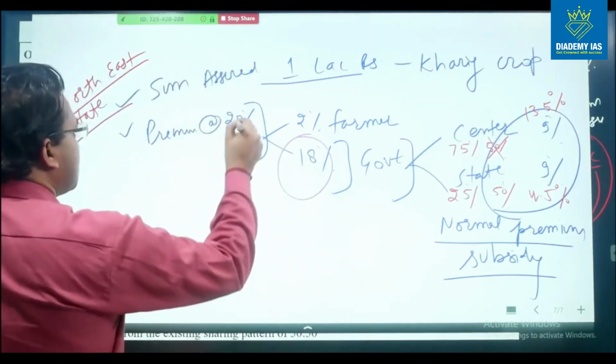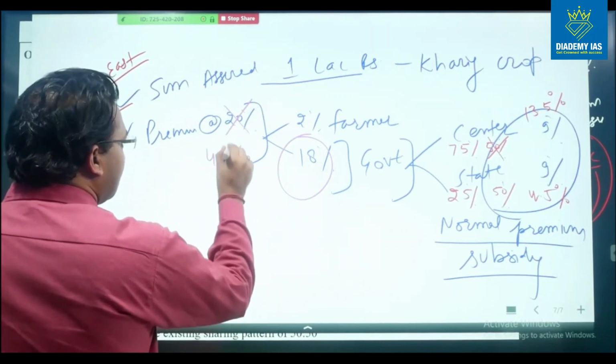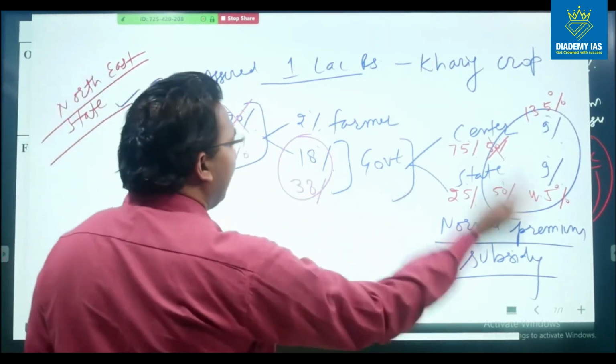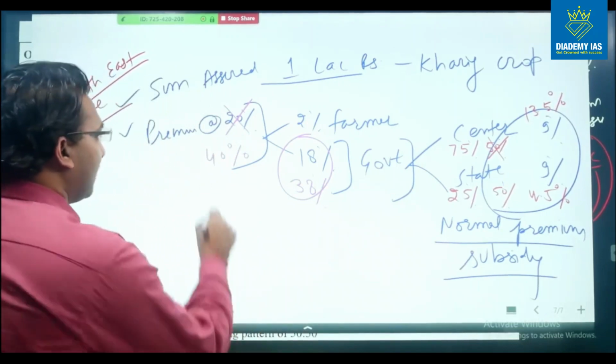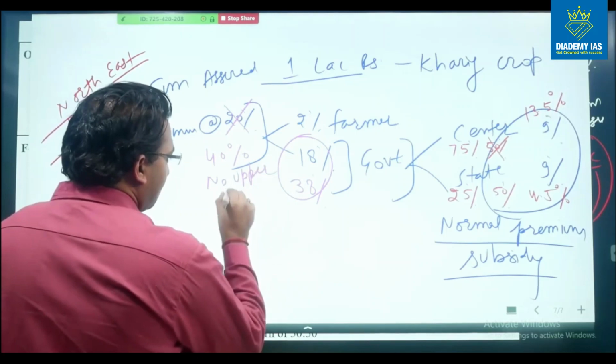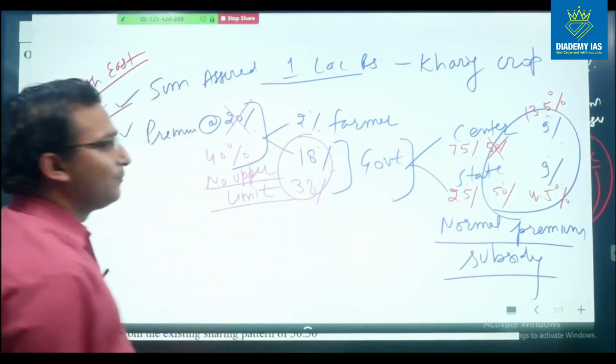Suppose this premium, instead of 20%, is 40%. So this will be 38%, and both governments will pay 19% respectively, right? So there was no upper limit earlier, before February 2020. Till February 2020 there was no upper limit.